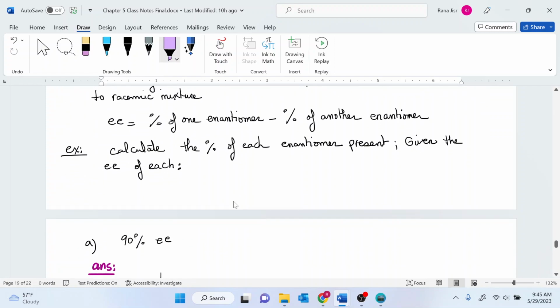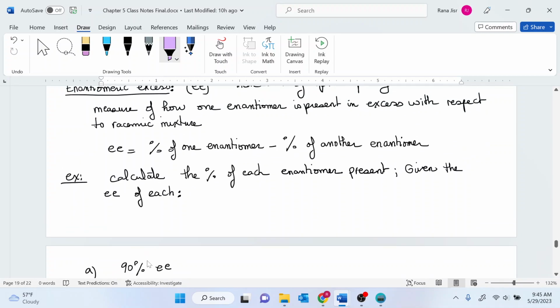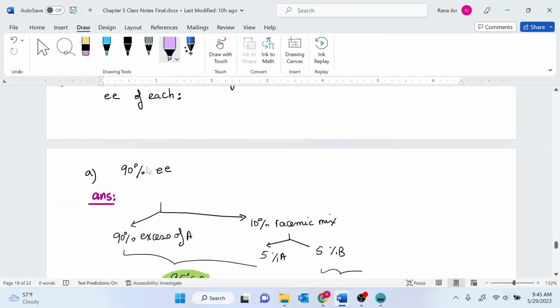So let's say, for example, if I have 90% enantiomeric excess, this means that one enantiomer is present 90% in excess to the racemic mixture. The racemic mixture is a total of 100, so what I have left for the racemic mixture is 10% out of 100.